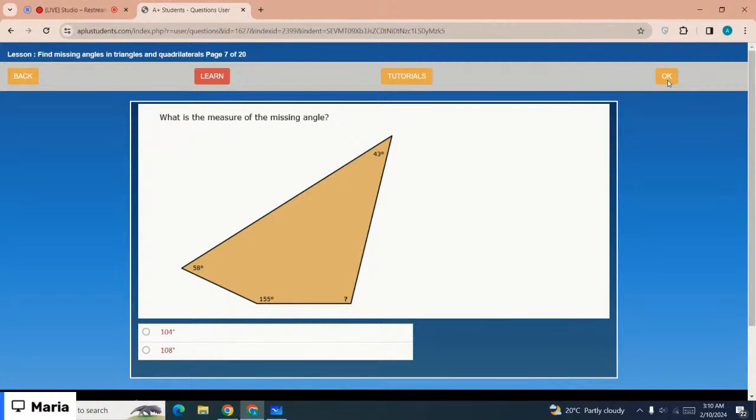Yes, the correct option is 104 degrees, right? Option number 1 is the correct option.